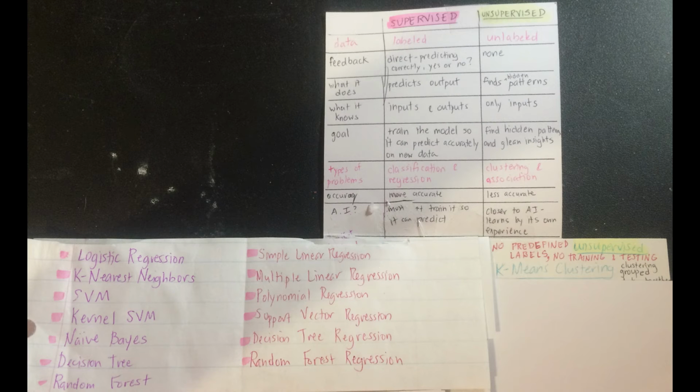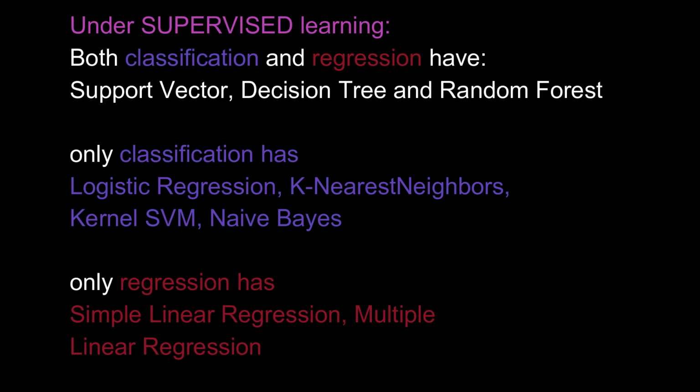What are the algorithms for supervised learning? Both classification and regression have support vectors, decision trees, and random forests. Which ones does classification have?